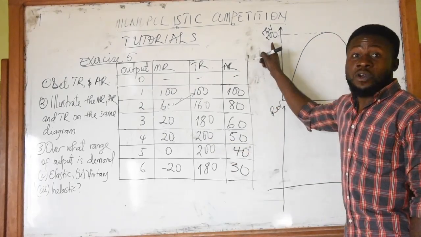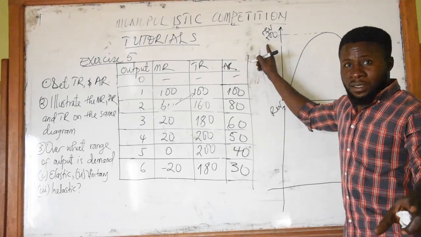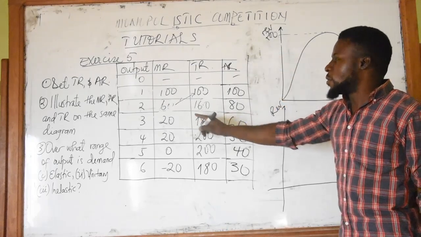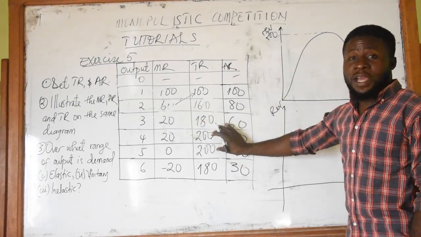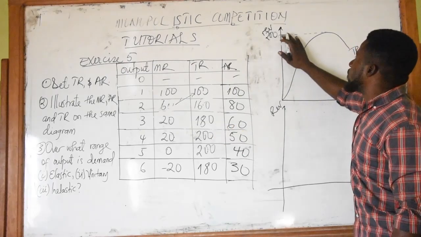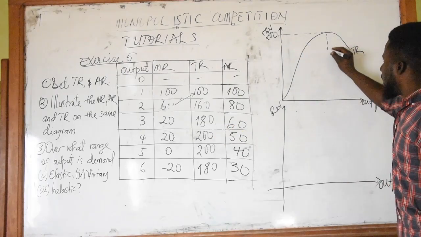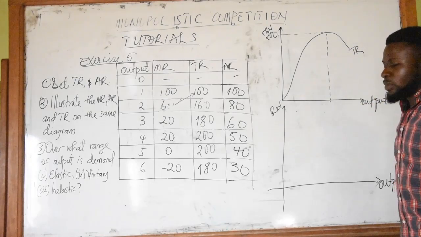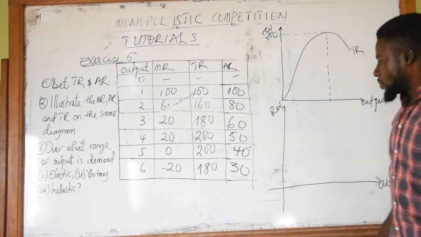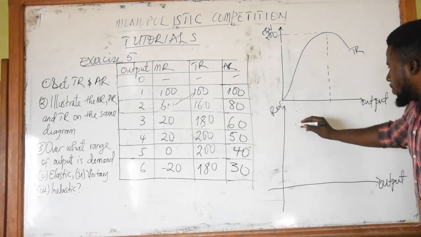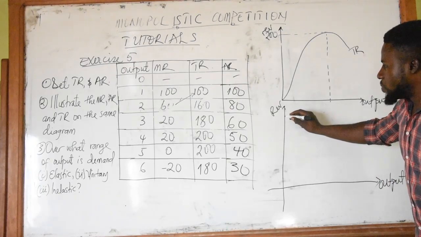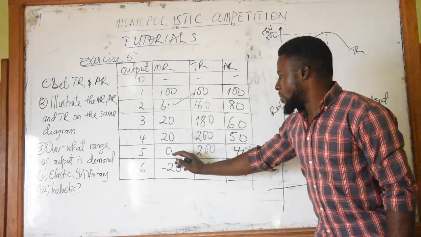We are not plotting to scale, we are just sketching. Yet we need statistical backup just to illustrate what we have on the table. So we have 200, and then at that same point where total revenue is maximum, we want to show that marginal revenue at that point is going to be 0. Look at marginal revenue.